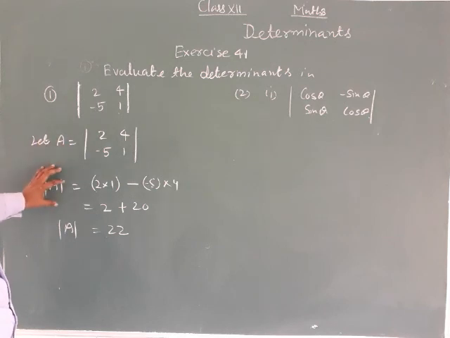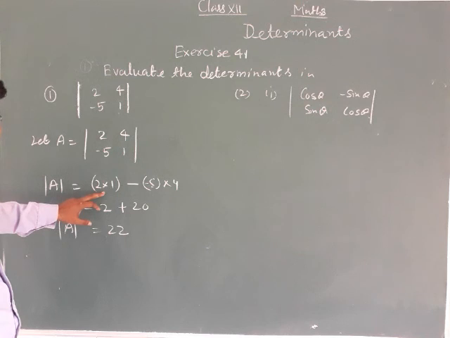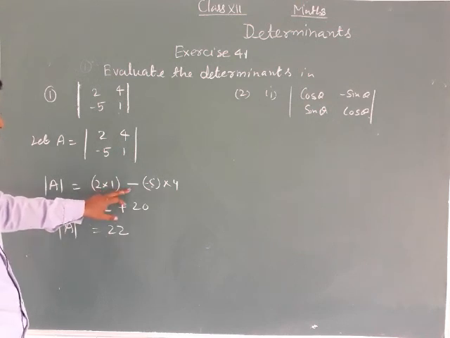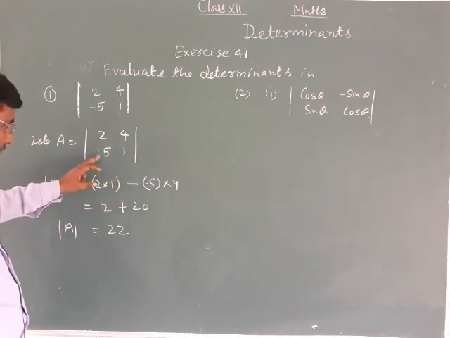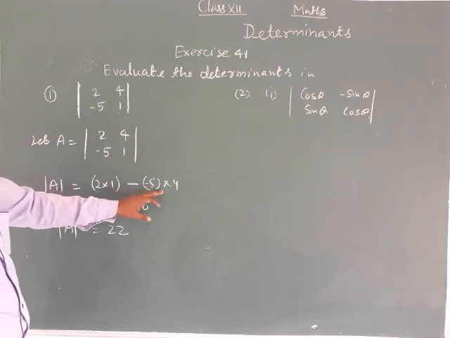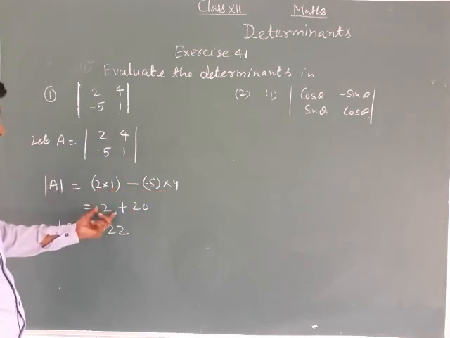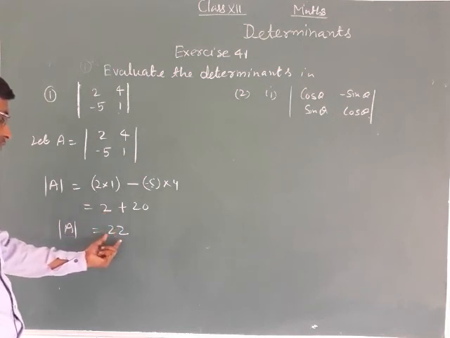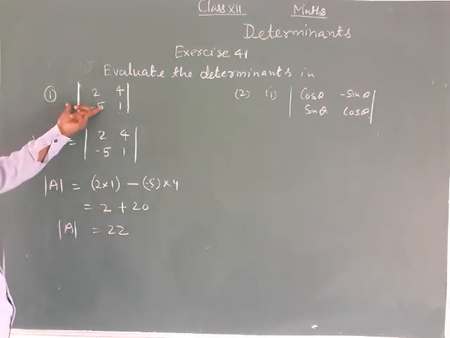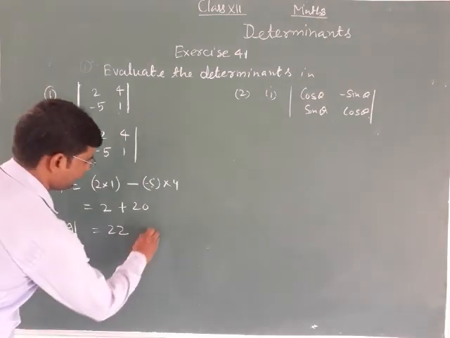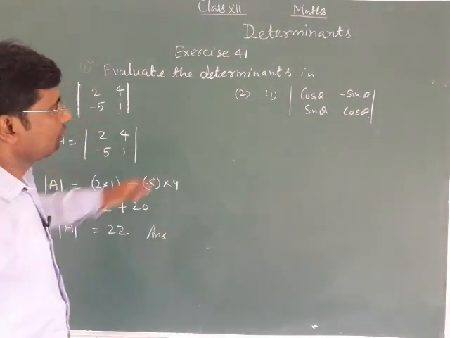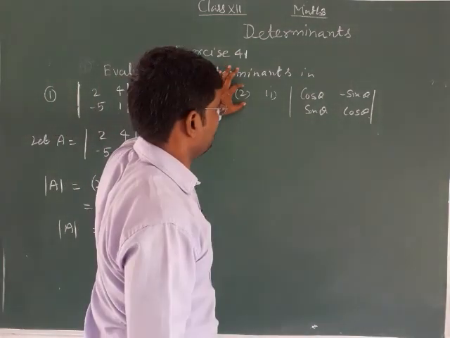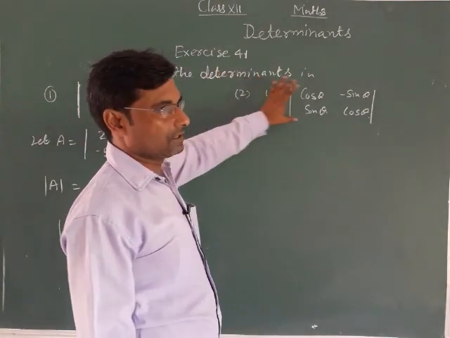So determinant A is 2 into 1 minus minus 5 into 4. Solving it, the result is 22. This is the value of the determinant and the answer.